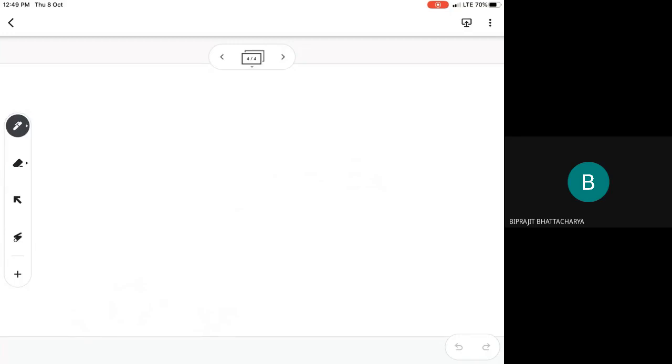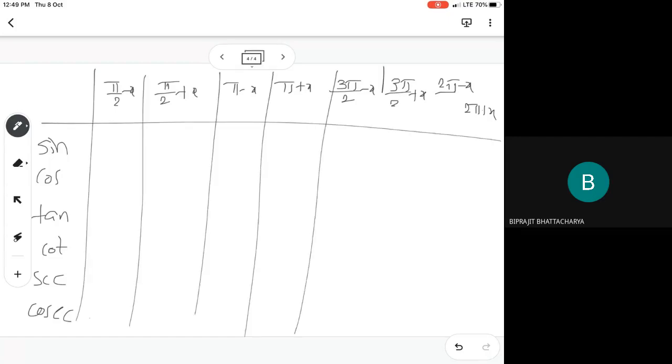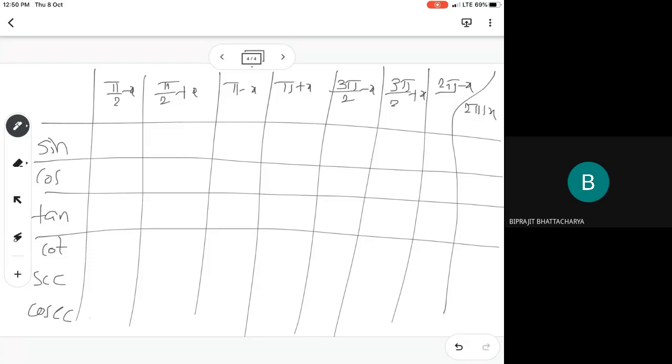Pi by 2 minus x, pi by 2 plus x, pi minus x, pi plus x, 3 pi by 2 minus x, 3 pi by 2 plus x, 2 pi minus x, and 2 pi plus x. Either sine, cos, tan, cot, secant, cosec. This is your homework. Everyone has to write this as a table, applying the same logic in the way I have shown. Somewhere else you are not supposed to copy; do it yourself. This is your homework today. Complete it and submit in your Google Classroom.